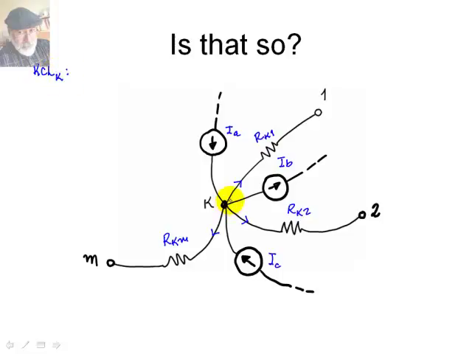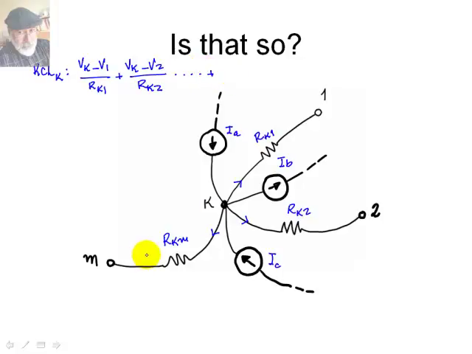Currents leaving the node through resistors will be Vk minus V1 divided by the resistance between those two nodes, Rk1, plus the current that flows from K to node 2, Vk minus V2 divided by the resistance between K and 2, and so on and so forth for all the other nodes that there might be, until we come to this one.